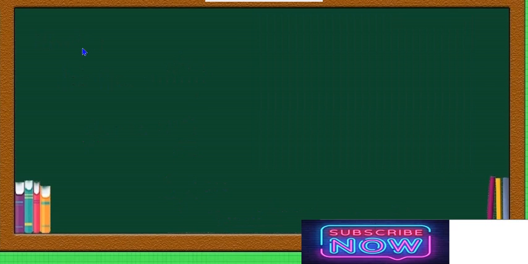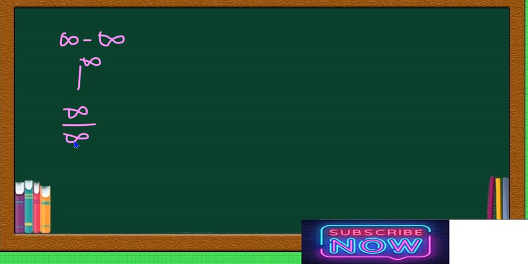There are still some other indeterminate forms. Just note these are the other indeterminate forms: infinity minus infinity, 1 to the power infinity, infinity divided by infinity, 0 to the power 0. These are all the indeterminate forms.